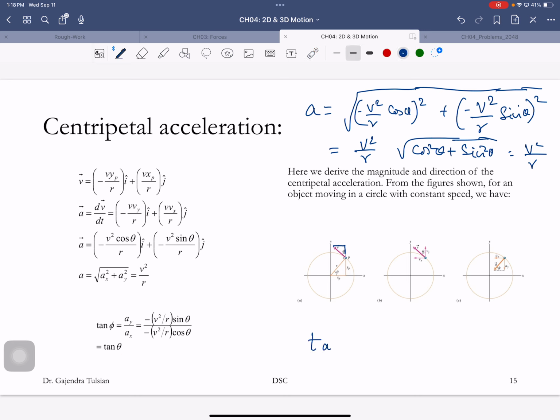But tan theta is equal to tan of theta plus 180 degrees, so this is equal to phi. The tan of this angle is equal to the tan of this angle.